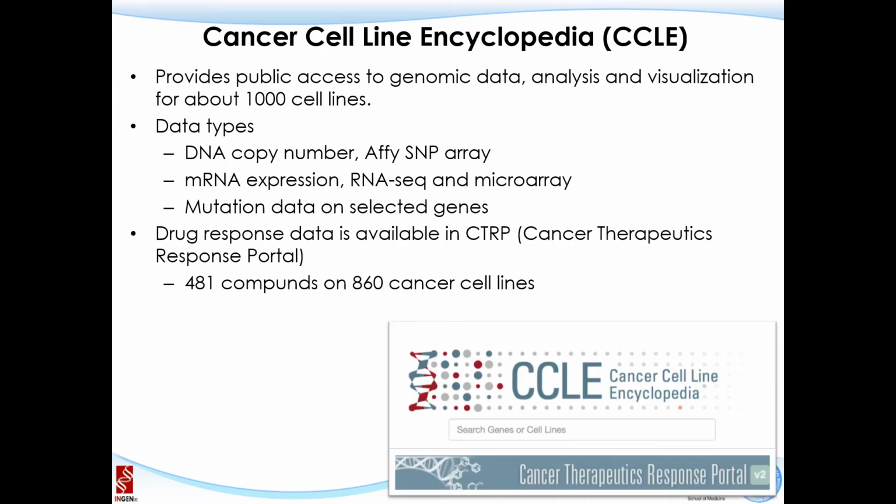The next project is the Cancer Cell Line Encyclopedia project, or CCLE project. They provide public access to genomic data, analysis, and visualization for about 1,000 cancer cell lines. So by name, you know they are focused on cancer cell lines.